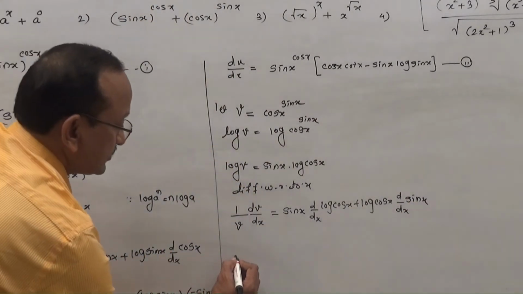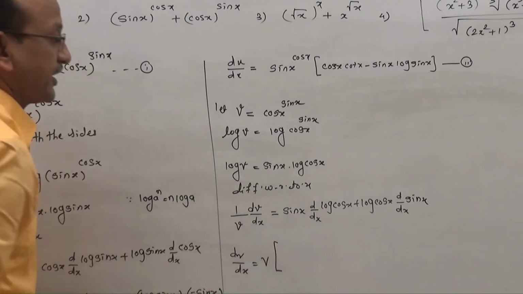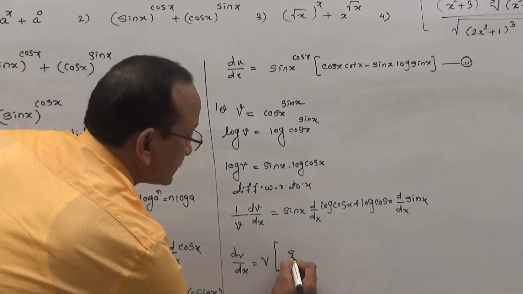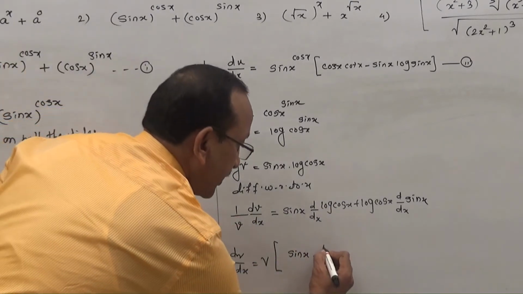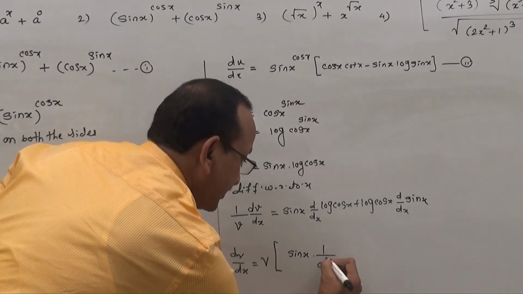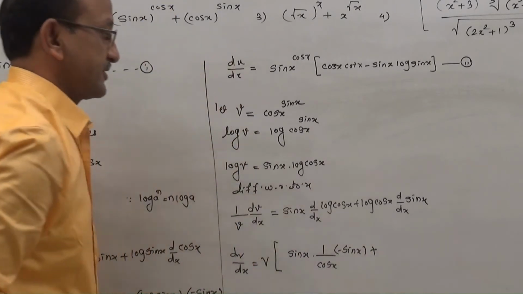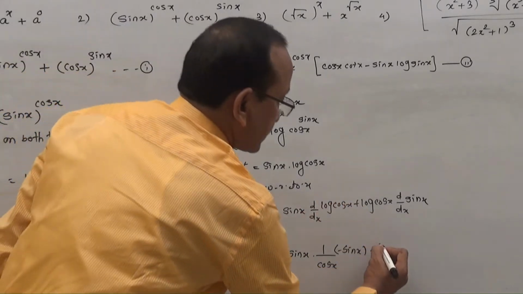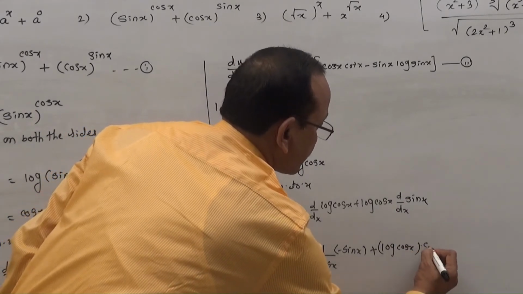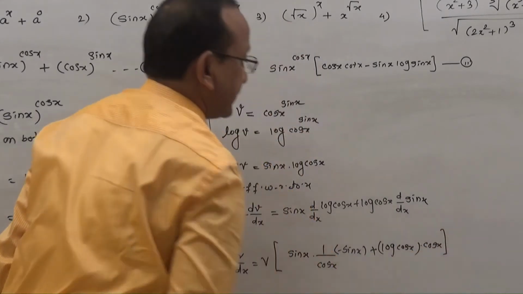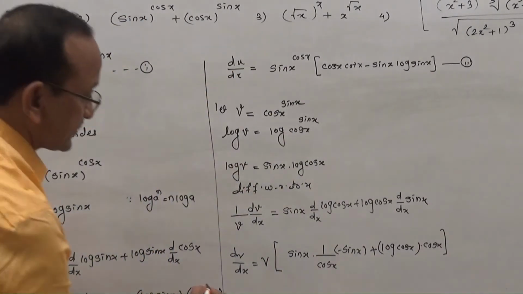Then dv by dx is equal to v times bracket sin x into the derivative of log of cos x, which is 1 upon cos x into the derivative of cos x, which is minus sin x, plus log of cos x into the derivative of sin x, which is cos x. Then substitute the value of v here, cos x raised to power sin x.